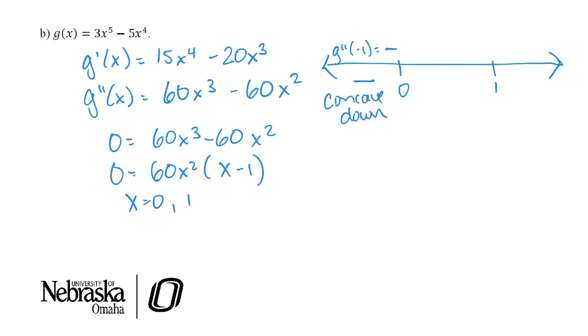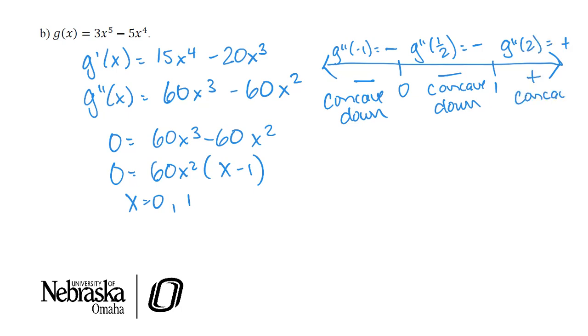If we check something in between 0 and 1, say a half, we still get a negative value. So it's still concave down. If we check something greater than 1, say 2, we get a positive number, so it is concave up.